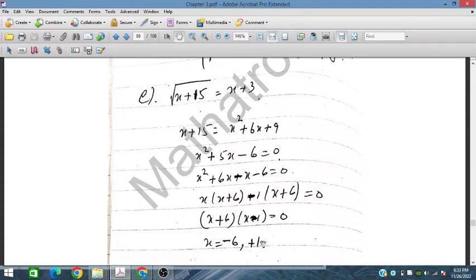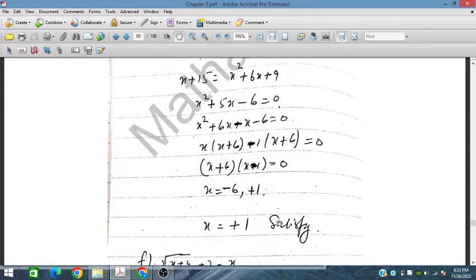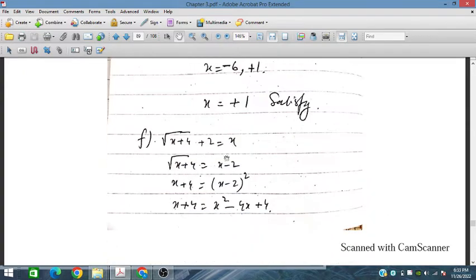So by placing 1 here, this becomes 16 and here it becomes 4, so under root 16 is 4, so 1 is satisfying. Now place minus 6 here and then minus 6 here, so this is not satisfying, so the 1 is the solution because it is satisfying it.